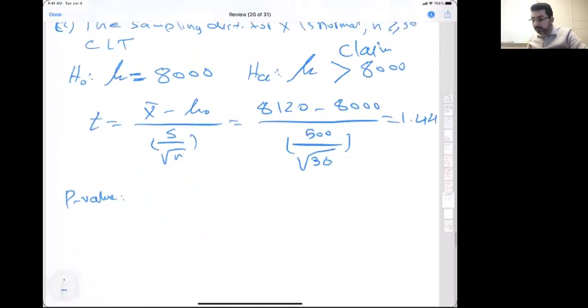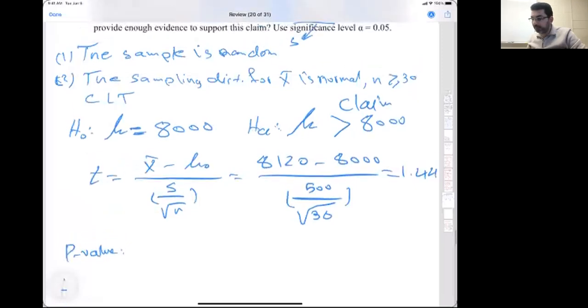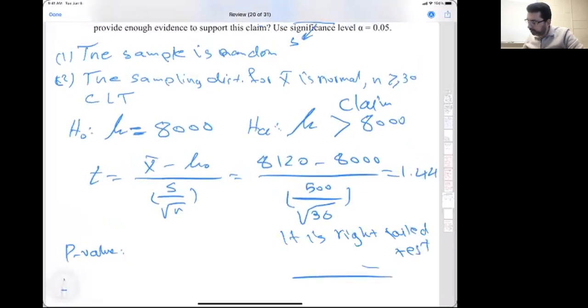So the p-value should be based on the test statistic direction, which is the right-tailed test. Which means I need to use the right tail to find the p-value.